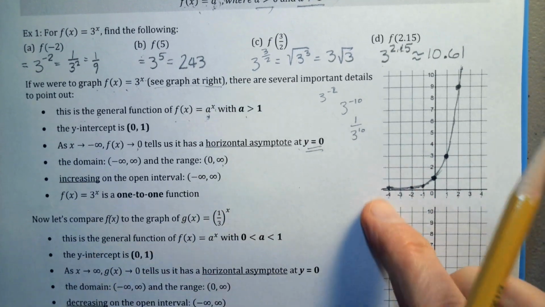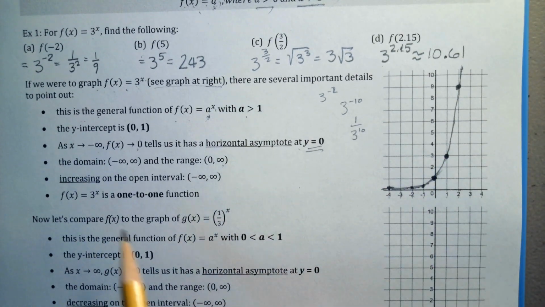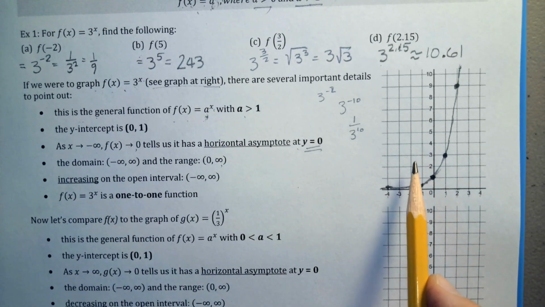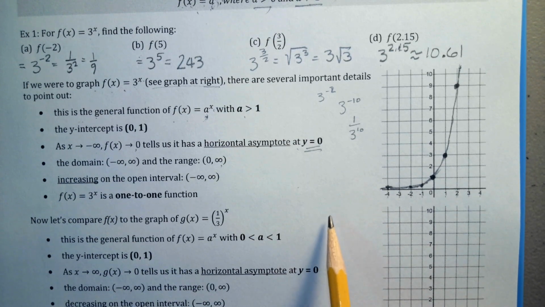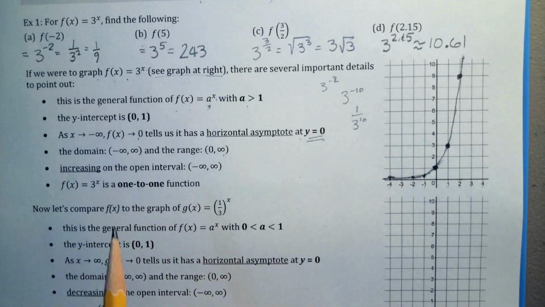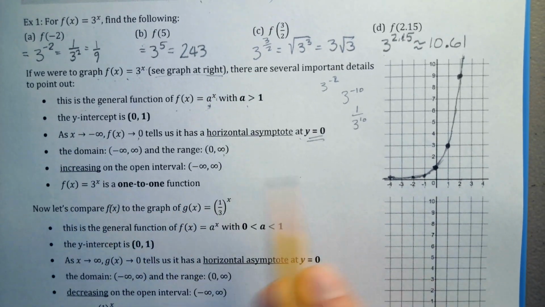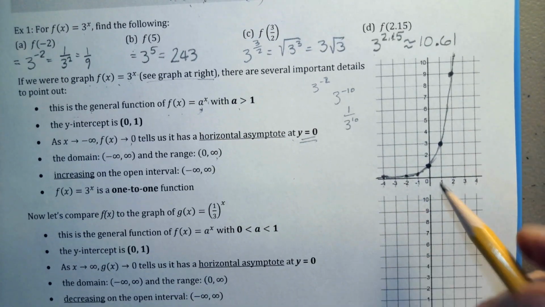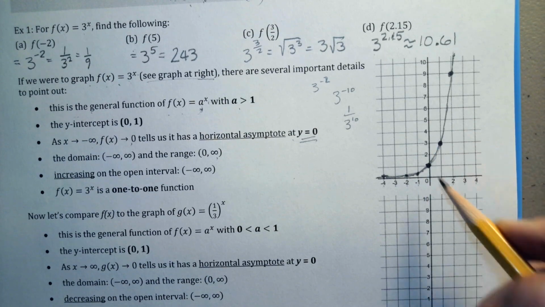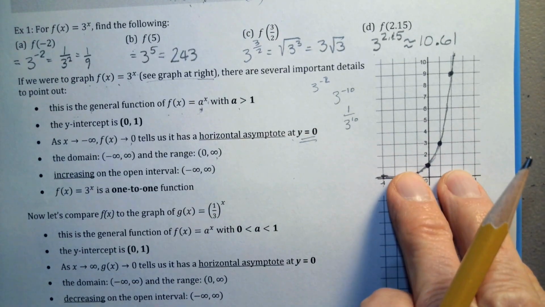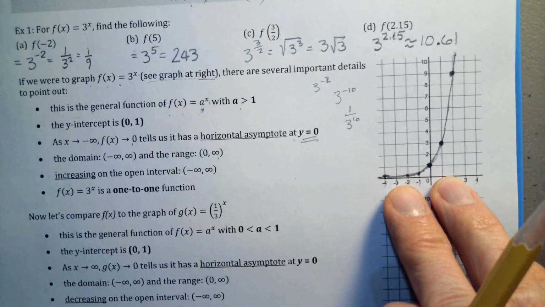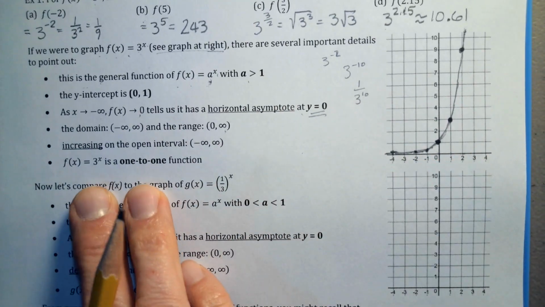And it's increasing over the whole interval. It seems kind of flat over here, but if you go to the right, it is higher up. Over on the left, it's closer to 0 than it is on the right. And this is what we referred to in the last chapter as a one-to-one function. So the inverse of this function would itself also be a function.